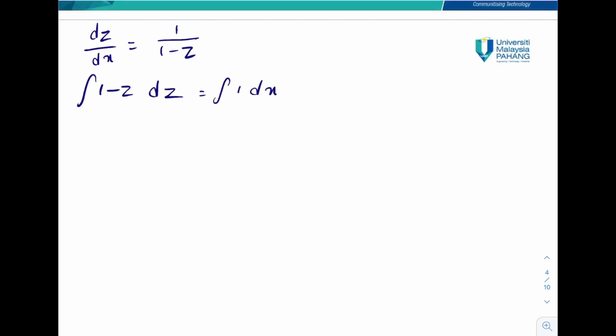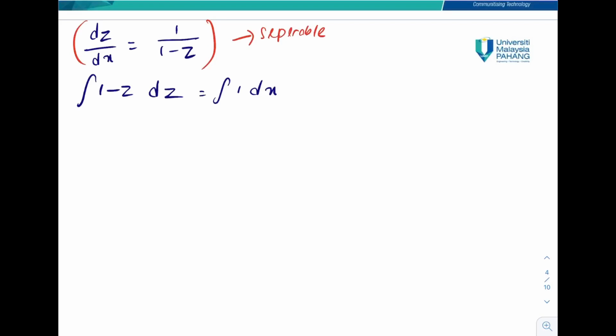Clearly I forgot to tell you that at this level, this one is separable. We have managed to reduce the original question to the separable one. So now you just have to integrate both sides. See, at this side we just have z, at this side we just have x, even though we don't have any x over here, right?